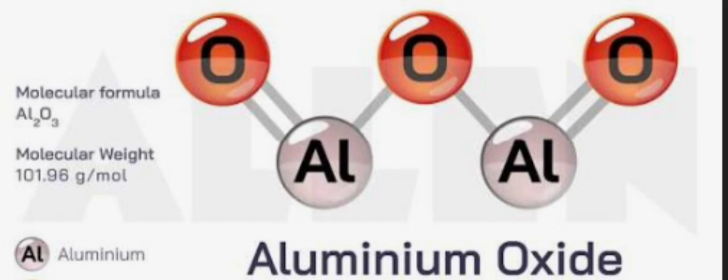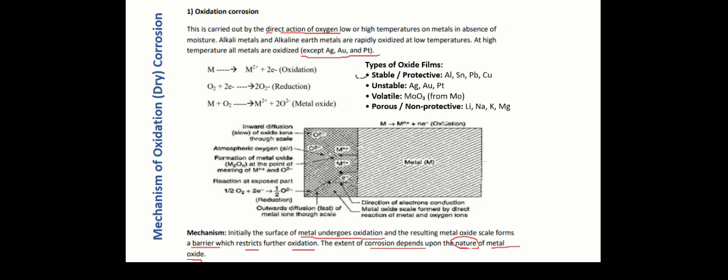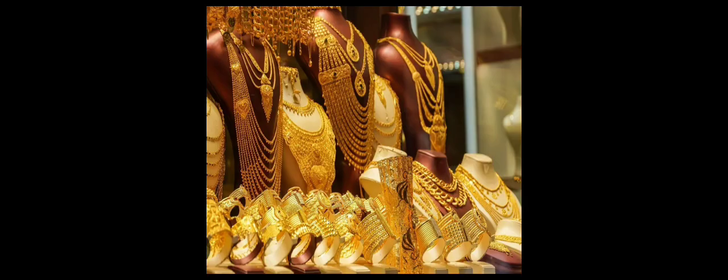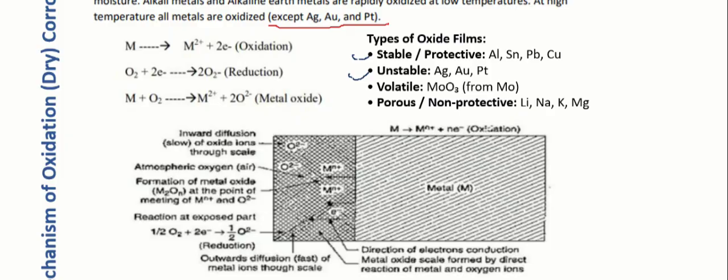Second, unstable film. In some cases, the oxide formed is chemically unstable and decomposes back into metal and oxygen. Silver and gold fall under this category. This explains why a gold ornament maintains its shine for years. It simply does not oxidize.